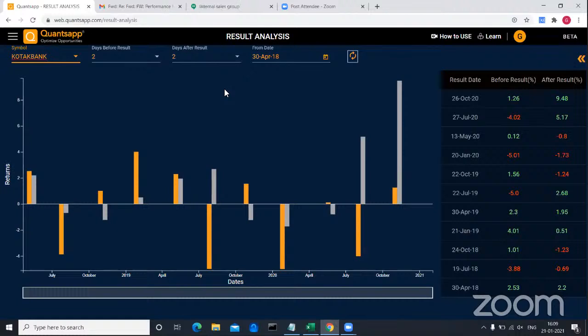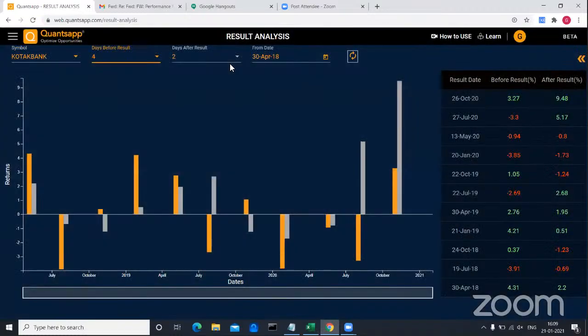So let's say ki boss abhi result aane mein 4 din baaki hai, around 25th ko result aana hai, and result ke 2 din baad expiry hai. So now if you are setting up an option trade, you are looking precisely, you are doing your analysis.